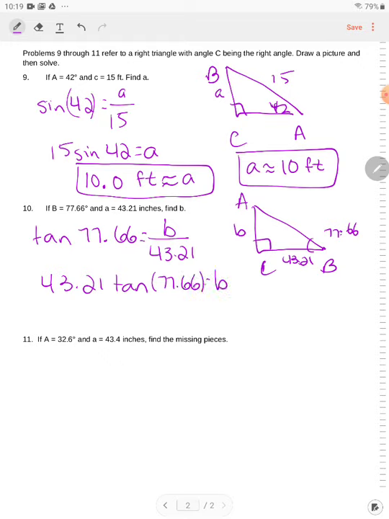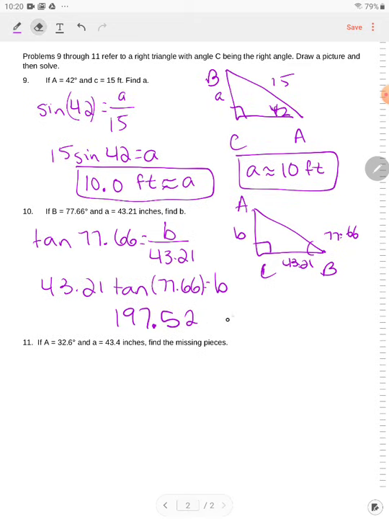Because the numbers have 2 decimal places, so does this one. And we get 197.5, and then we have 1/6, so that's going to round. And what are our units? Inches. Remember to put your units in. Or we could abbreviate, but I'll go ahead and write inches.